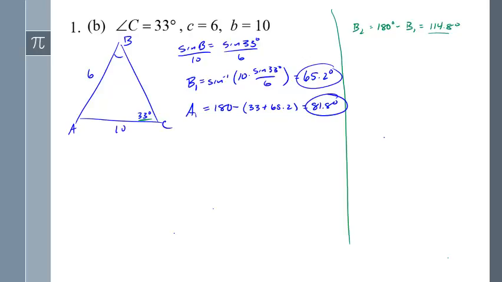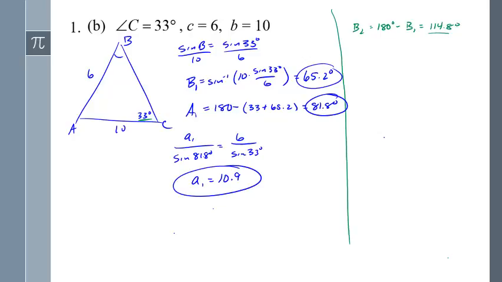And then side A1 is going to be found using the law of sines. So I have A1 over the sine of 81.8 degrees equal to, I'm going to use side C over the sine of angle C, and side A1 is going to be 10.9. So there's my complete first triangle.